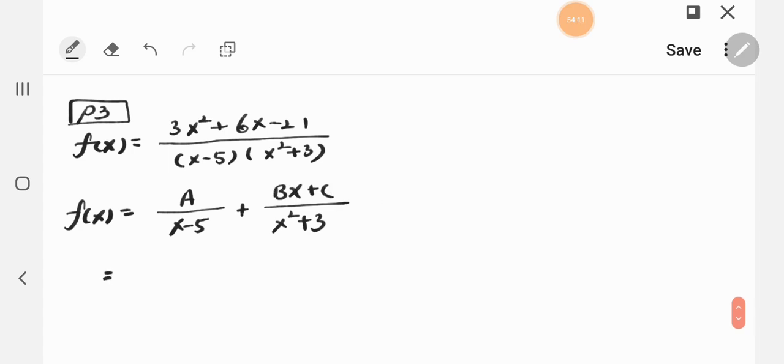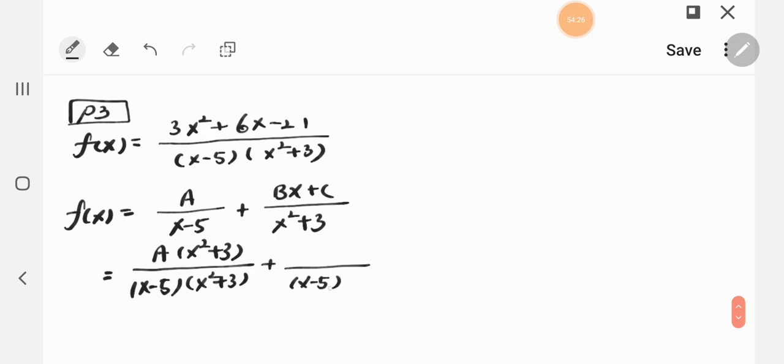Then this is equal to, over x minus 5 times x squared plus 3, a multiplied by x squared plus 3, plus bx plus c multiplied by x minus 5.